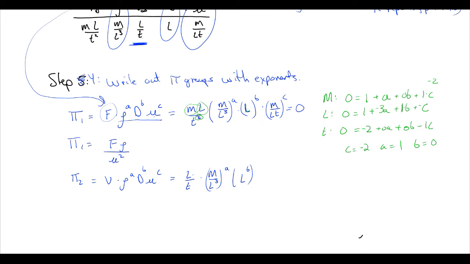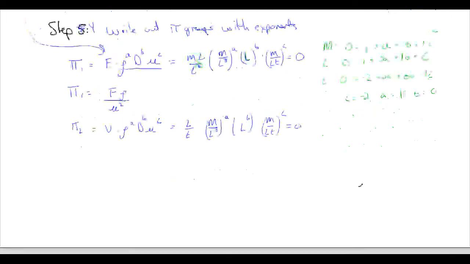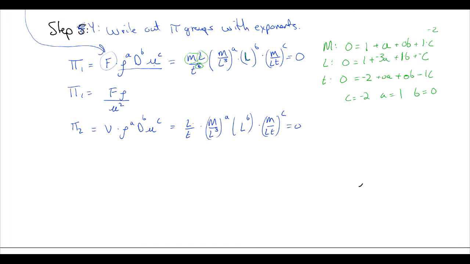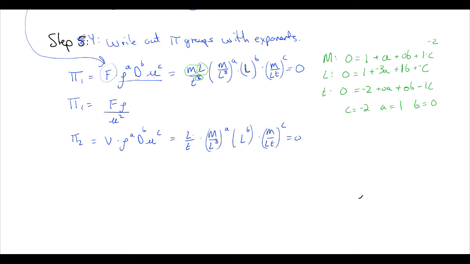And now we go through and we do exactly the same thing as before. We do a system of equations and we solve for the values that satisfy that system of equations. So I'm going to let you do that now. I'm going to pause this video and let you do it. And if you get stuck, you can watch the video until you get unstuck, but then pause it the second you get unstuck and finish the video as you go along.